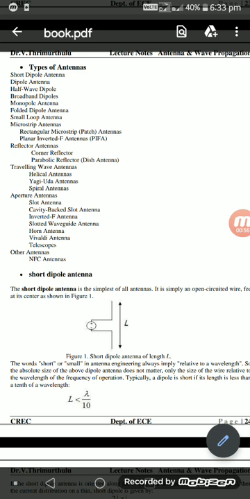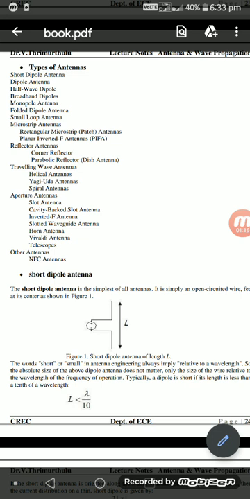Next, reflector antennas: corner reflector, parabolic reflectors, and dish antennas. Next, traveling wave antennas: helical antennas, and spiral antennas. Three types.